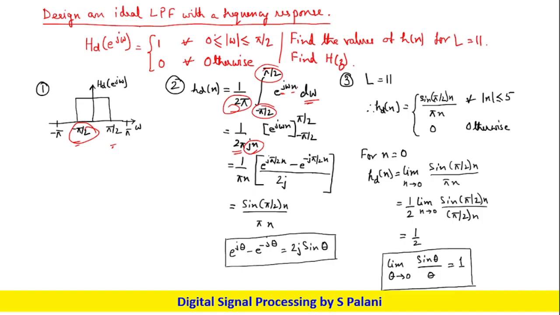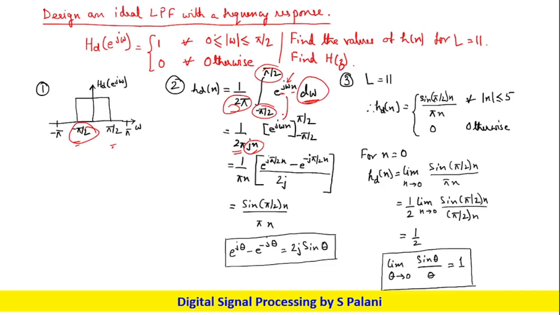Because in this type of exponential, the factor that multiplies the variable comes as 1 by that factor, right? In this case it becomes 1 by jn, right?